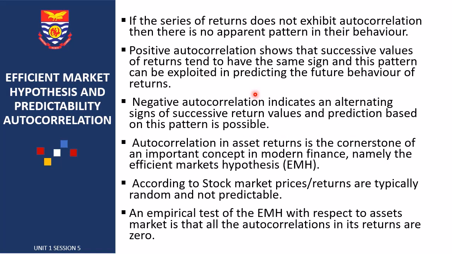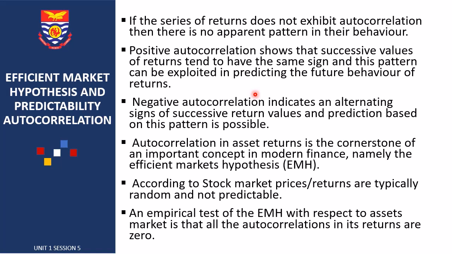By the efficient market hypothesis, all these apply. If the series of returns does not exhibit autocorrelation, then there is no apparent pattern in their behavior, so we are saying the market is efficient. Positive autocorrelation shows that successive values of returns tend to have the same sign, and this pattern can be exploited in predicting the future behavior of returns.